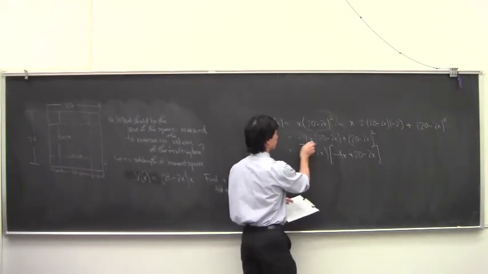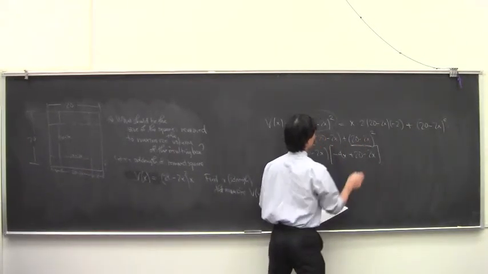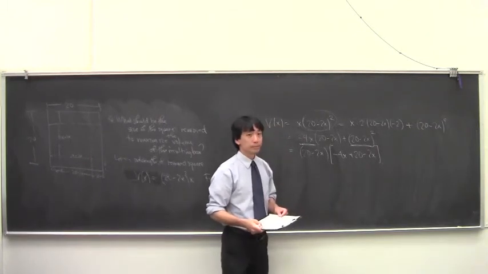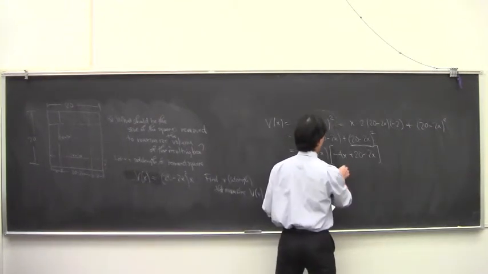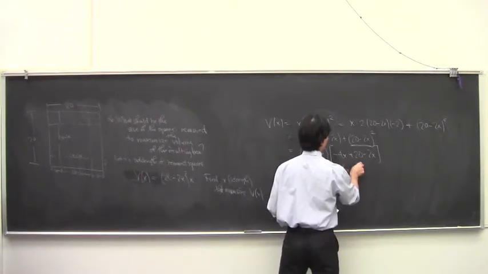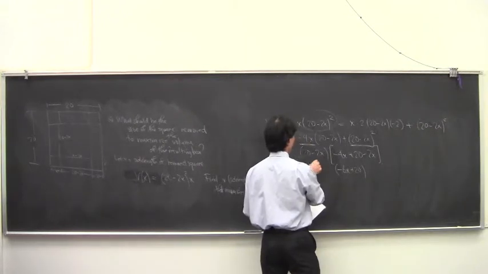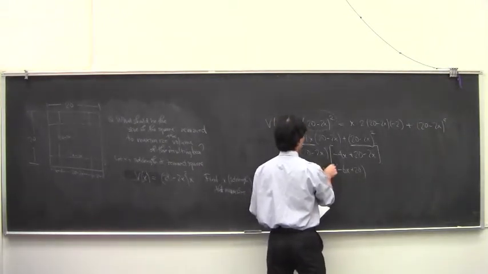Right, and so that's negative 6x plus 20 times 2 10 minus x.